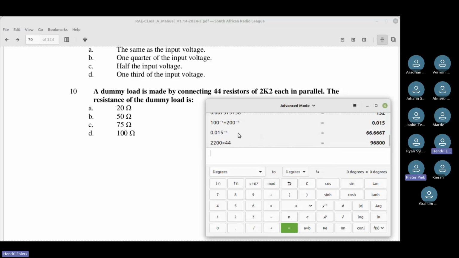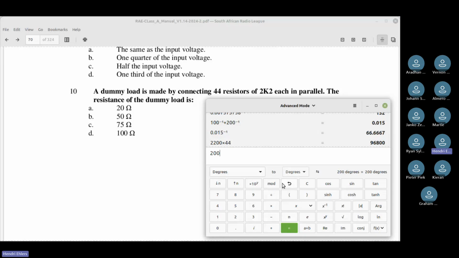Okay, I'm going to quickly show you the correct way. Your way is not wrong, but I'm going to show you the way that you calculate resistors in parallel. So we know that is 2,200.